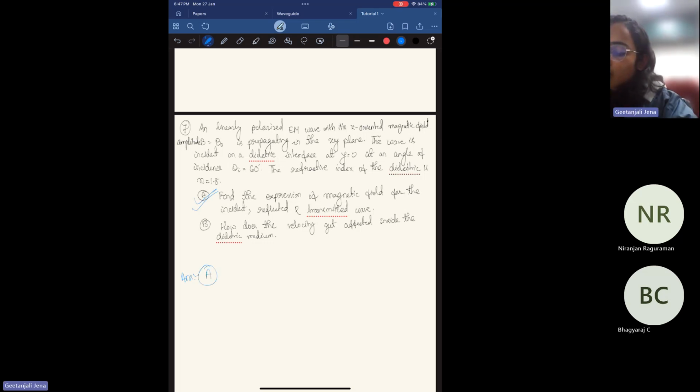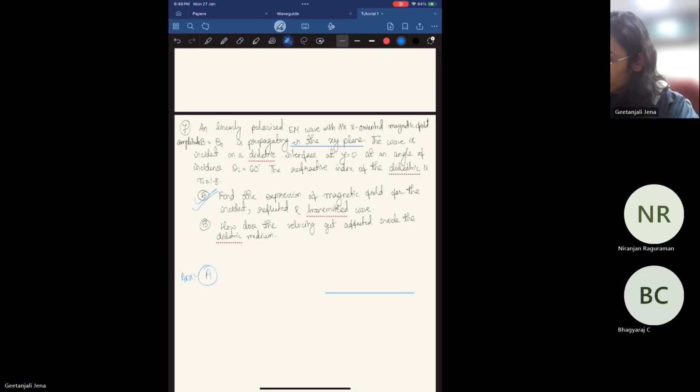Whenever this kind of question is given, it's better to draw the ray diagram, how the ray is propagating in the plane of incidence. Once you draw this ray diagram, then it will be easier for you to write the expression of incident, reflected and transmitted wave. It is given the wave is propagating in the xy plane, right?